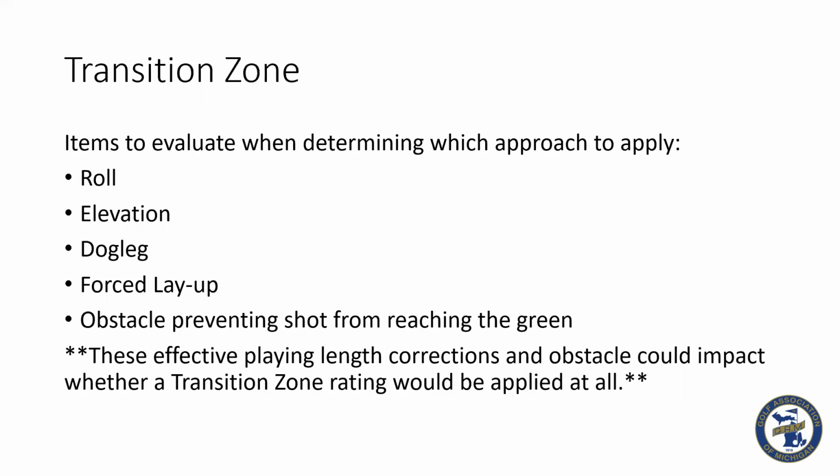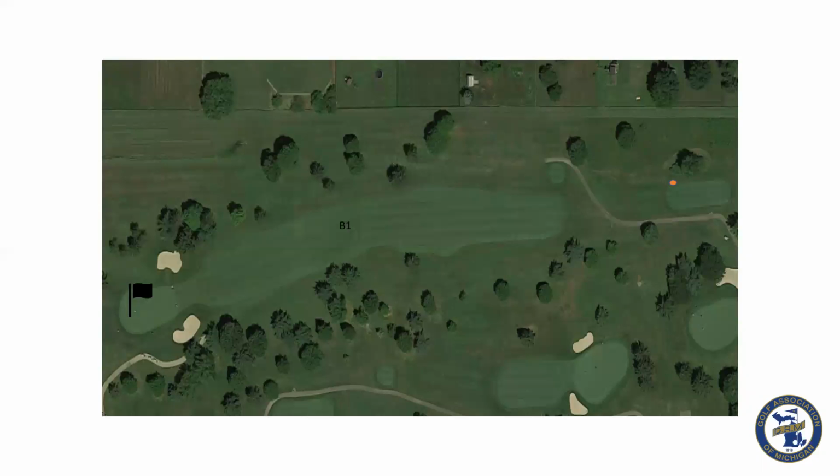So I'll show you an example here. Here's this picture that we had last week. We have a scenario where we hit it to B1, and then our B2 is our next landing zone.